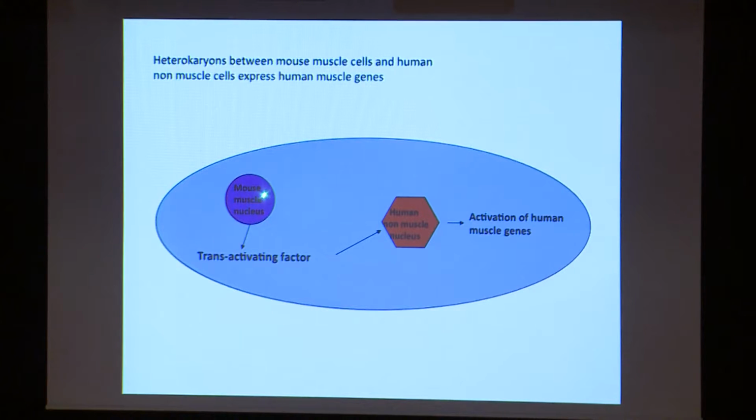Therefore, that means that there is transacting activity going from the mouse nucleus and acting on the human. So there was a fundamental observation in the field to support the notion of master switch again.